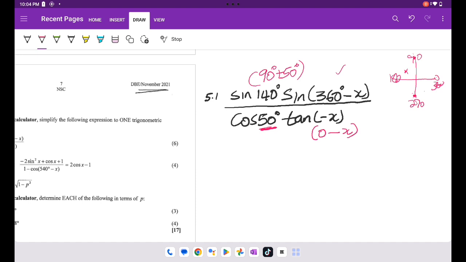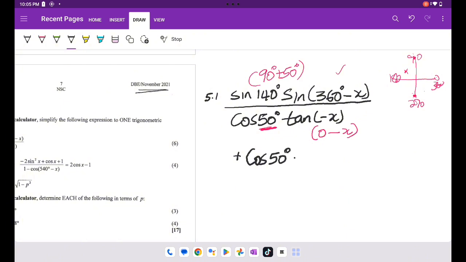All right, now here we start. The 90 plus is in the second quadrant, and the sign of sine in quadrant 2 is positive. So this is going to be positive. And then changing or not, in this case we have to change because it's 90, so sine will change to cos, and we put the angle that is there, which is 50.